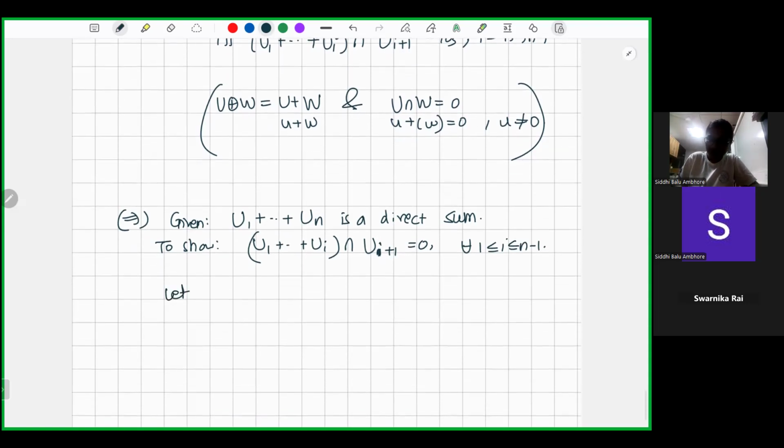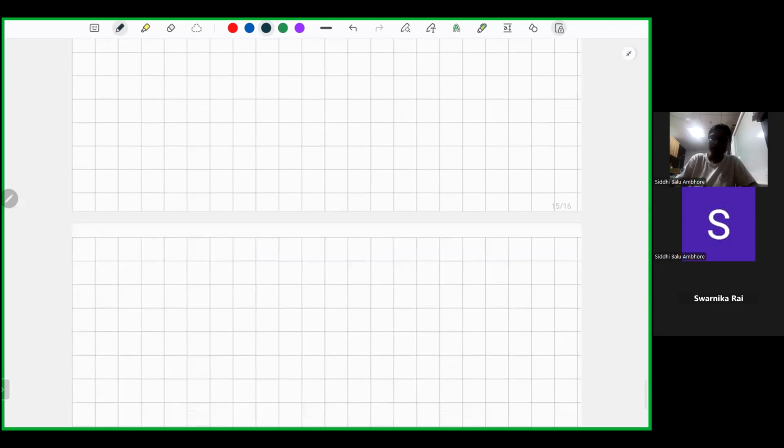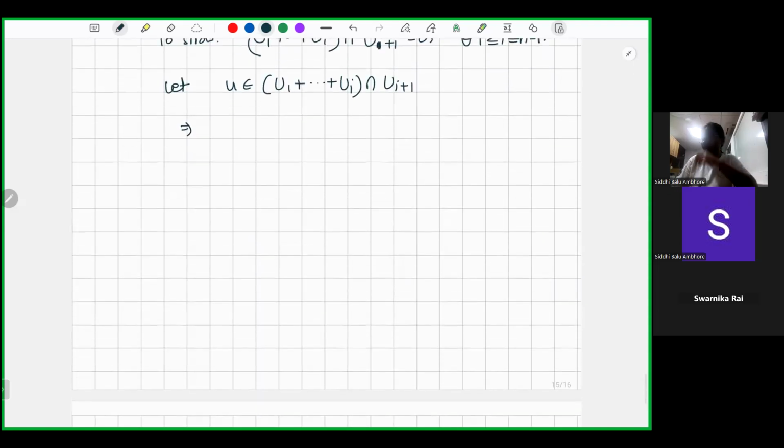Let some u belong to this intersection, U1 plus ... plus Ui intersection Ui+1. So this implies that u is in Ui+1. Let me just not take u here, let us take v.